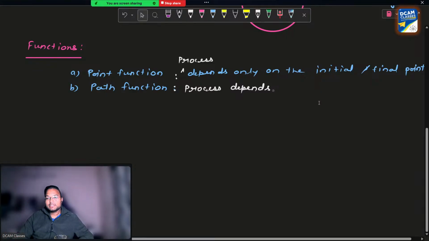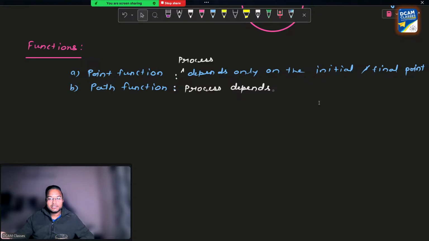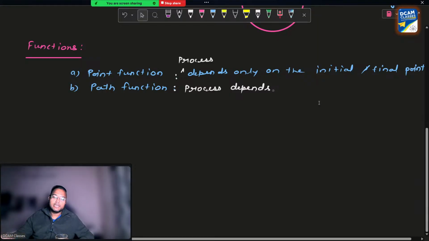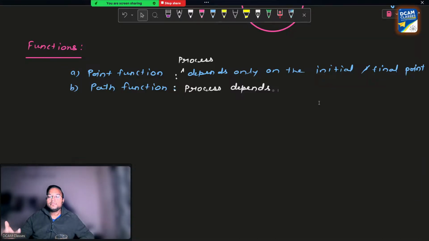And after the mock test, analyze your mistakes: where you're lacking, what is decreasing your speed, why you're not able to maintain fast speed. Is your calculation speed low? Are you making silly mistakes, or are you lacking conceptual application? Analyze it accordingly, work upon your weaknesses, and then improve.